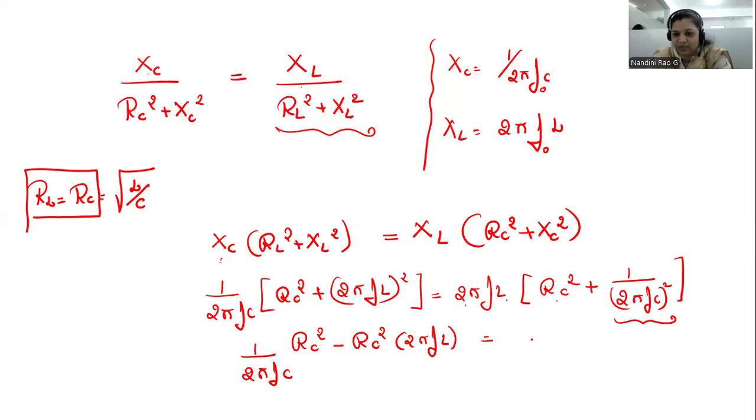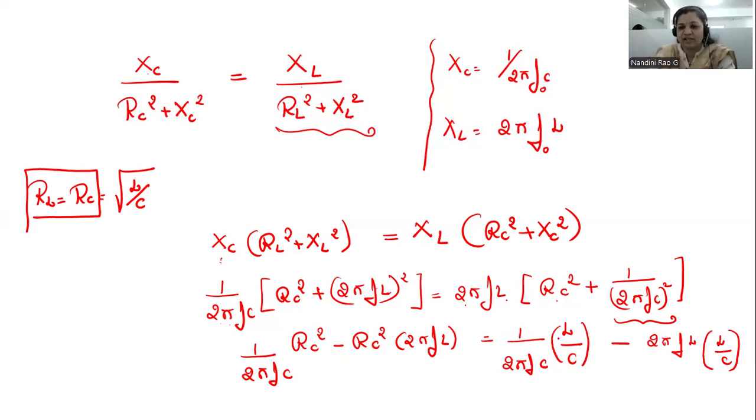What remains is 1 by 2 pi FC times L by C. I write it as 2 pi FL multiplied by 1 by 2 pi FC. The 2 pi F gets cancelled. What remains is only L by C, square, into 1 by 2 pi F. Minus, here also I multiply 2 pi FL square into 1 by 2 pi FC. What remains is 2 pi FL times L by C.